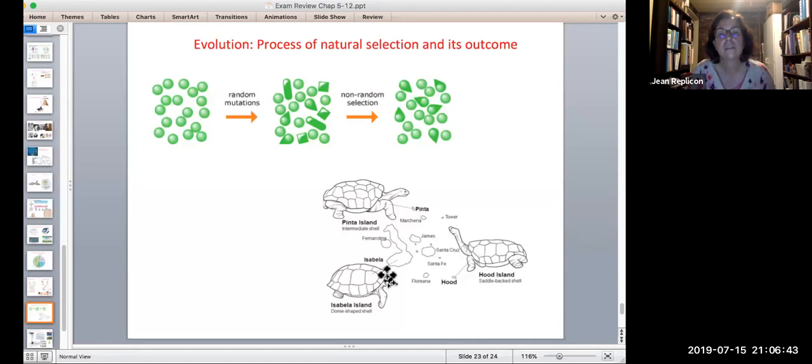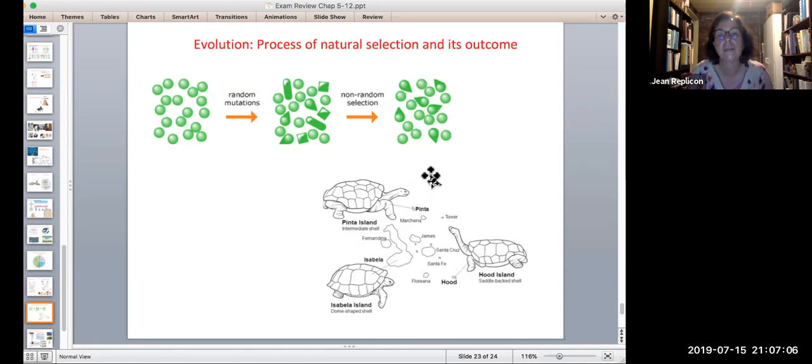So the first event here, the mutation to a different shaped shell, was random. However, of all the tortoises that were born here, the ones that could eat better, that is reach the cactus, are going to produce more offspring.